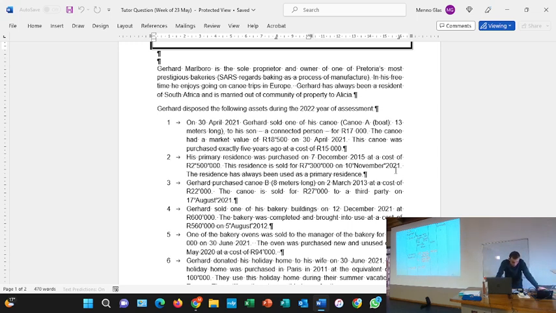Okay, note 4. Gerard sold one of his bakery buildings on 21 December 2021 at the selling price of 600,000. The bakery was completed and brought into use at the cost of 560,000. Okay, which allowance do we get on a building used in the manufacturing process?